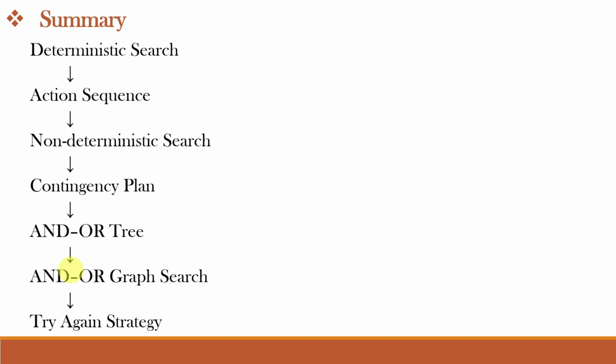We also studied the AND-OR graph search algorithm and finally explored cyclic solutions using the try again strategy. And these concepts provide the foundation for planning under uncertainty and prepare us for more advanced topics in AI such as partially observable environments and probabilistic reasoning.